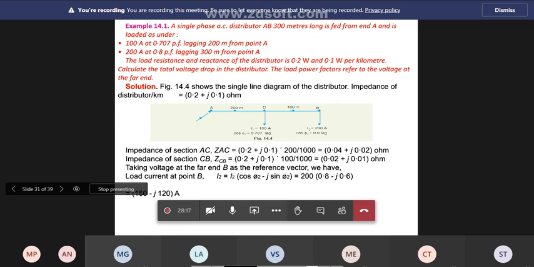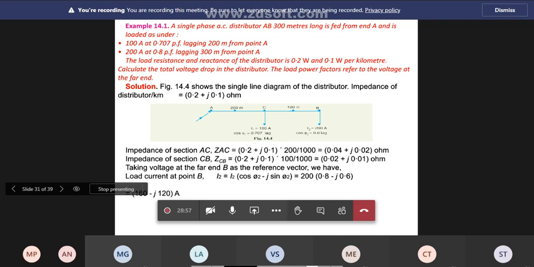A single phase AC distributor AB, 300 meters long, is fed at end A and is loaded as follows: 100 amperes at 0.70 power factor lagging, 200 meters from point A; 200 amperes at 0.8 power factor lagging, 300 meters from point A. The resistance and reactance of the distributor is 0.2 ohm and 0.1 ohm per kilometer.